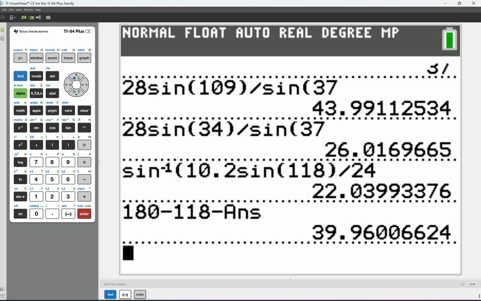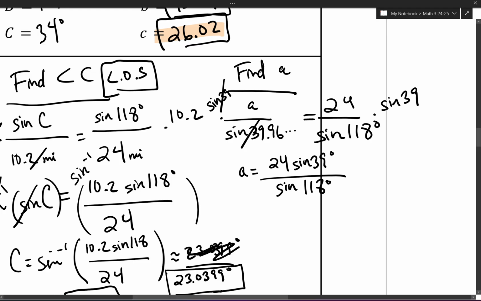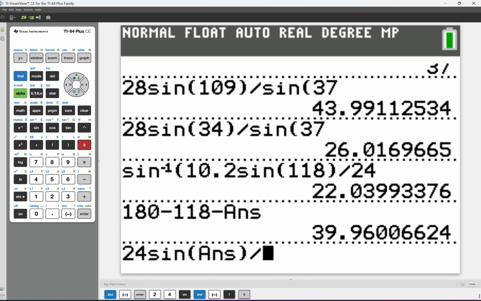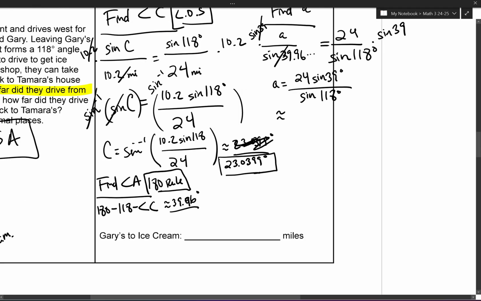So A is 24 times the sine of second answer, which grabs my previous calculation exactly as it is, all of angle A. And then I divide it by the sine of 118 and get 17.46, which is about 17.46 miles.